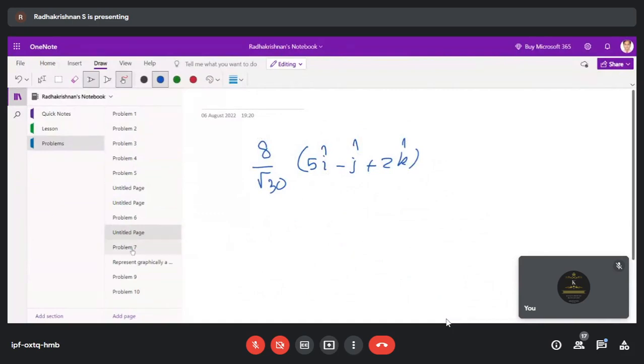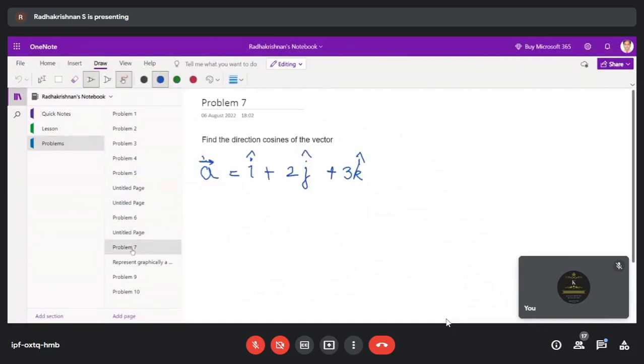Okay, let's go to another problem. Find the direction cosines of the vector A equal to i cap plus 2j cap plus 3k cap. For that, we have to find the magnitude of this vector, which is root of 1 square plus 2 square plus 3 square, equal to root of 1 plus 4, 5, plus 9, 14.